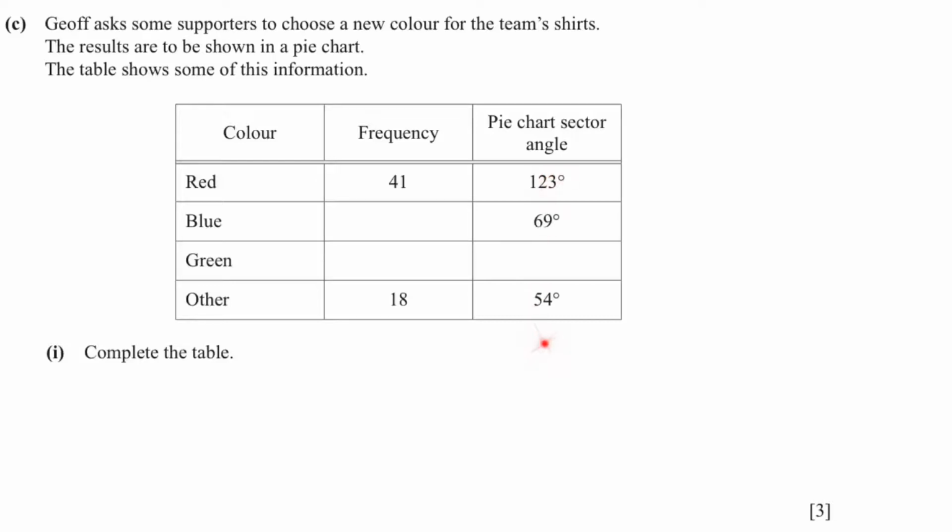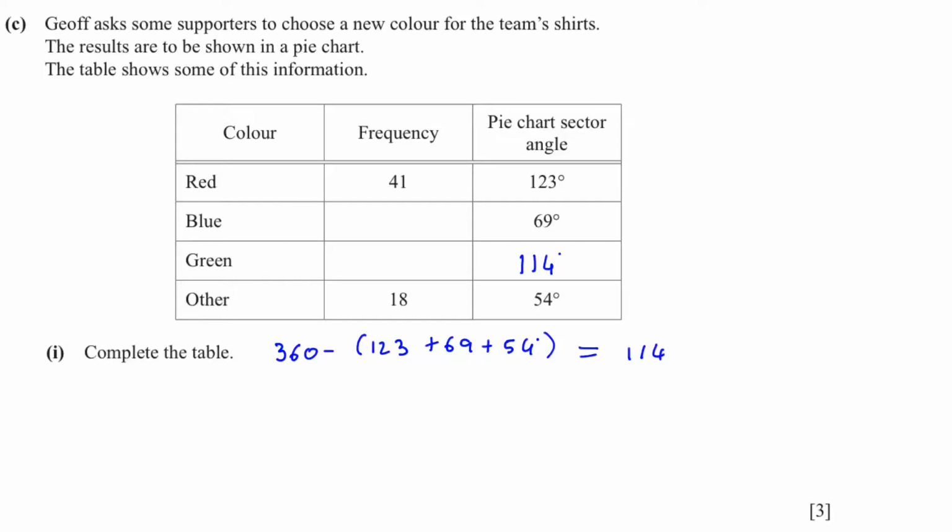So when you add all the angles of the pie chart sectors, they should equal 360 degrees. This one angle is remaining, of green. To find that, we will do 360 minus the sum of these numbers. 360 minus 123 plus 69 plus 54 will give you 114. So that is the angle of green.